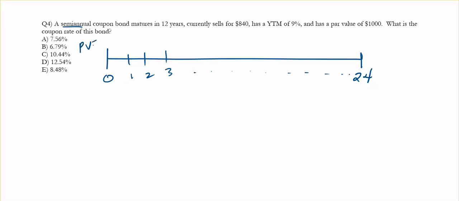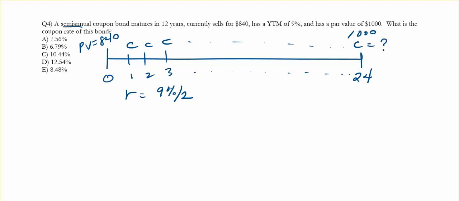It sells for $840. Has a yield to maturity of 9%, so we'll split that in half because it's semi-annual. Has a par value of 1,000. We don't know what the coupon payment is, but if we find that out, we know we can find the coupon rate.